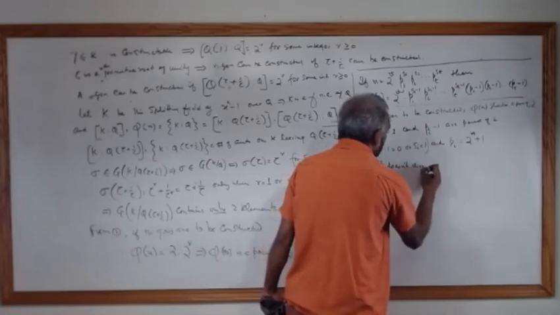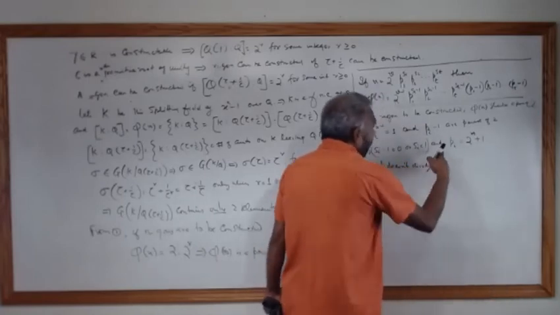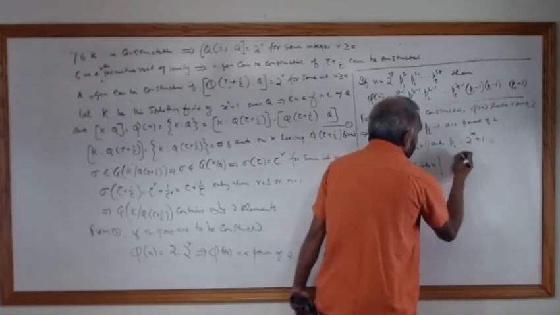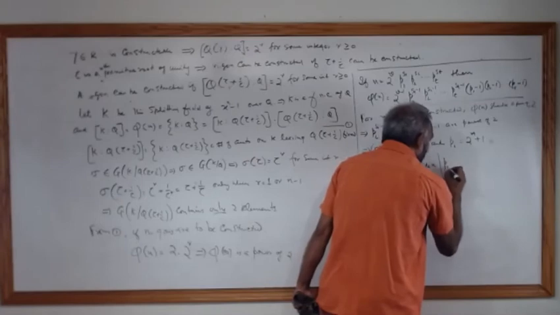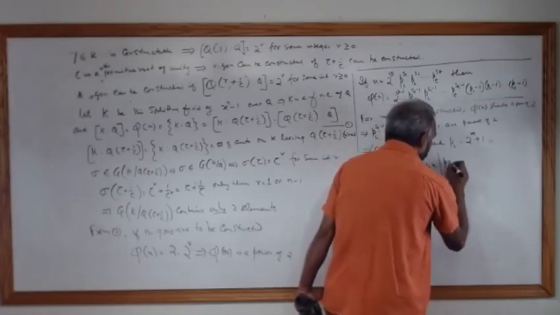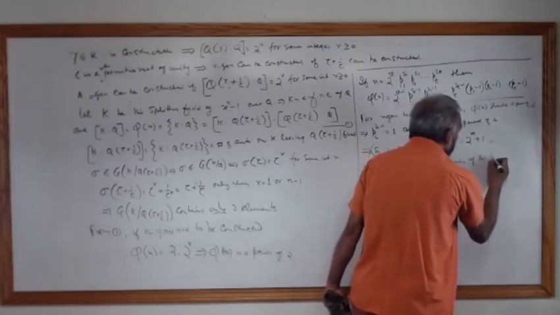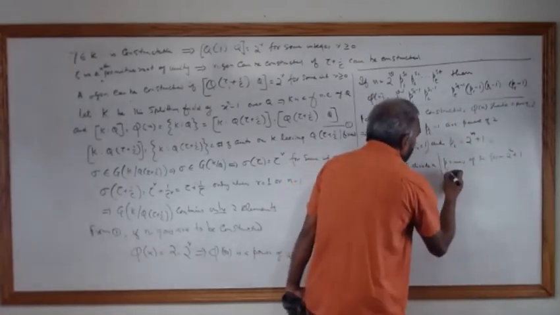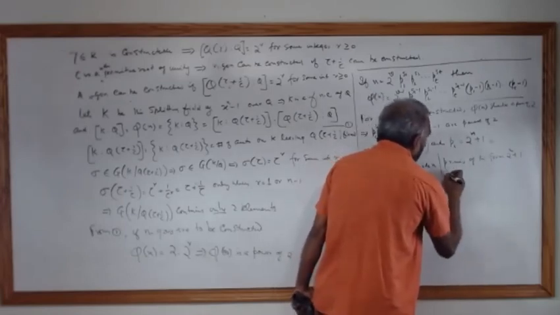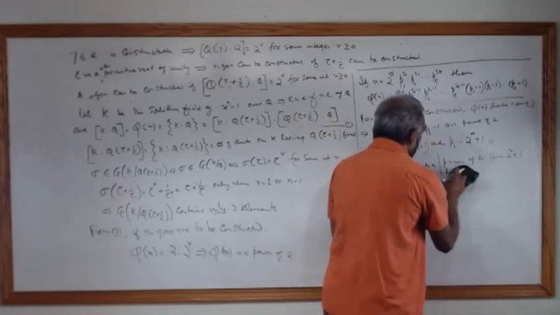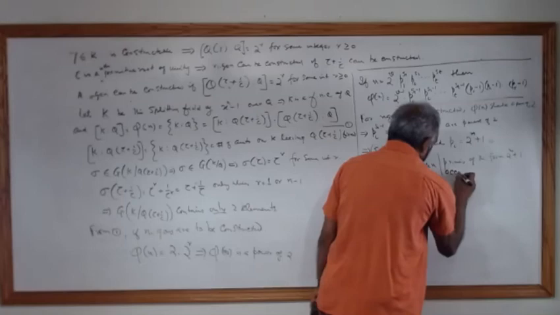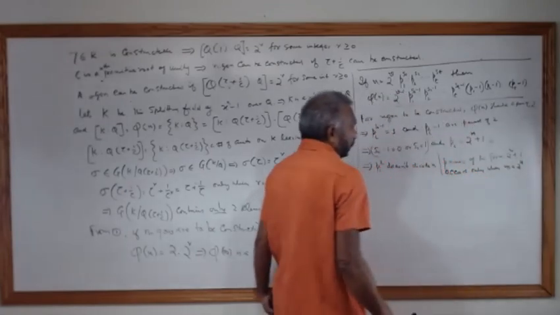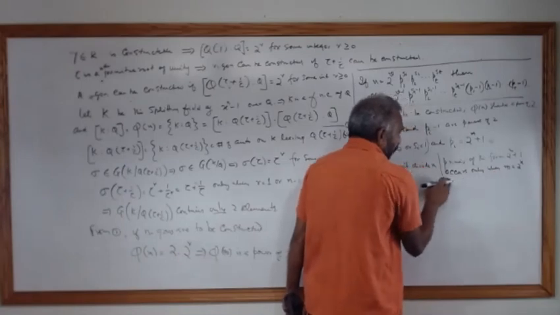Primes of the form 2 to the m plus 1 occur only when m is a power of 2. This is also a result from number theory.